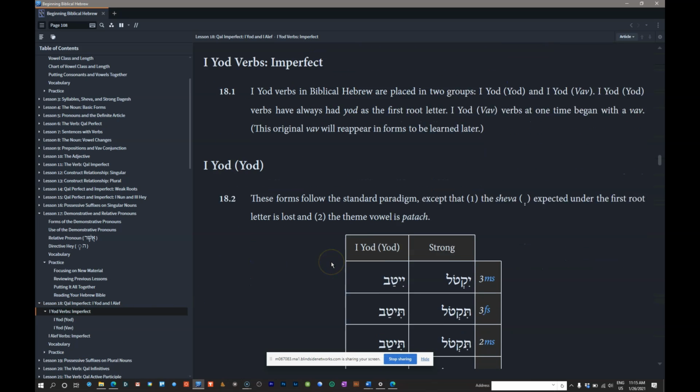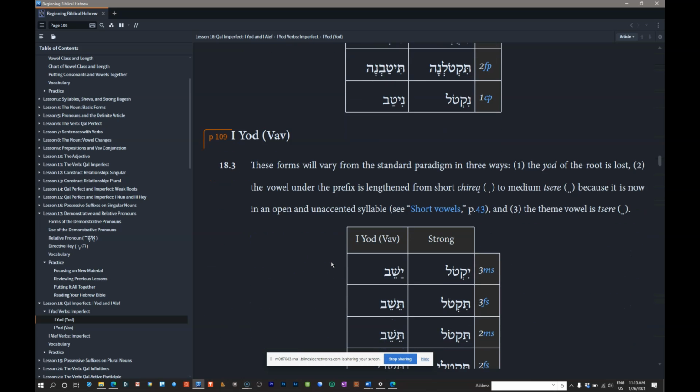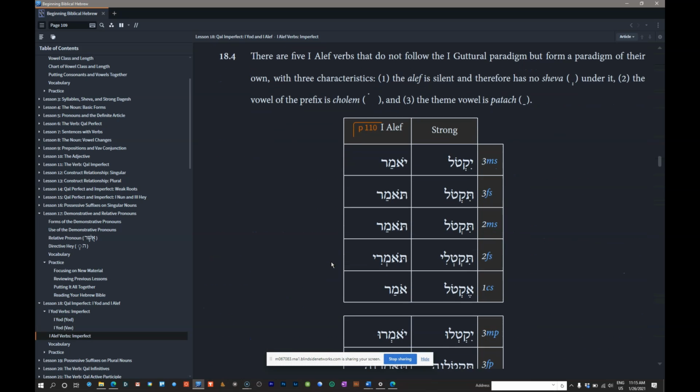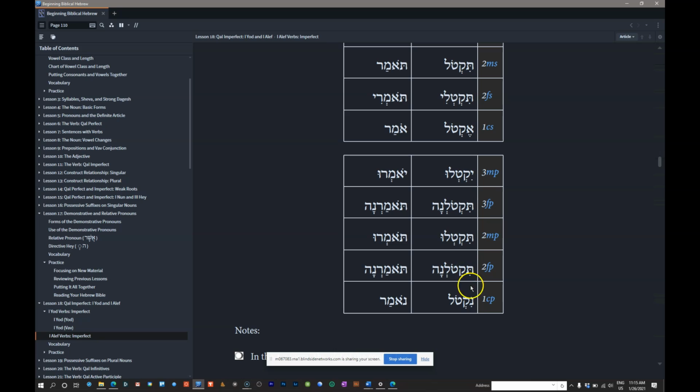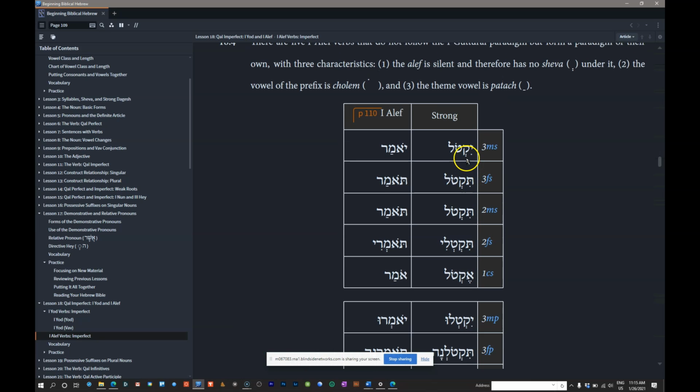And so the reason why it's important to cover this is when we go to the one alephs, you'll see that you usually expect in the imperfect, you have your imperfect prefix, which is either yod hireq, tav hireq, aleph segol, or nun hireq. Those are your imperfect prefixes. And then you usually get a silent shewa under the first root letter, which closes that first syllable, which is why you end up with yiq-tol as two syllables here.